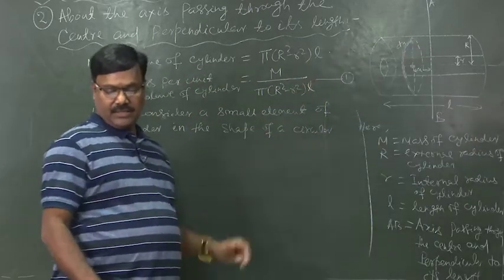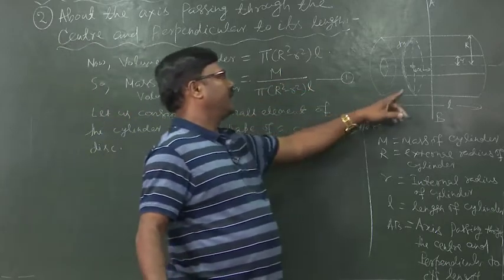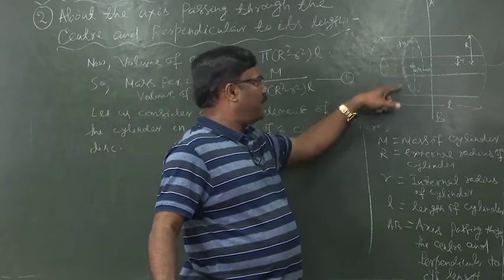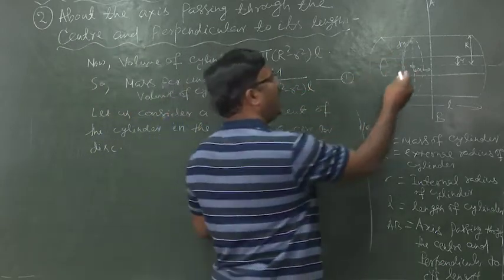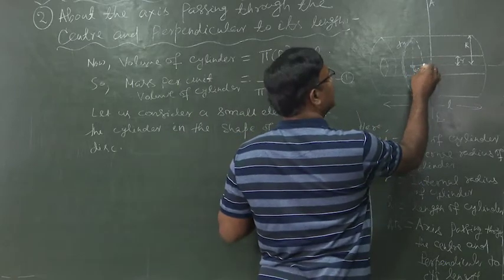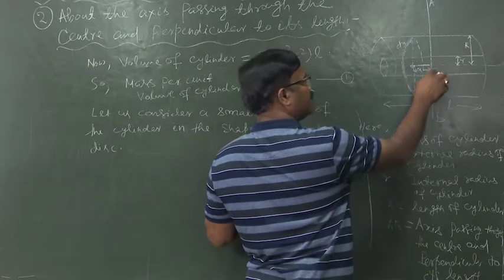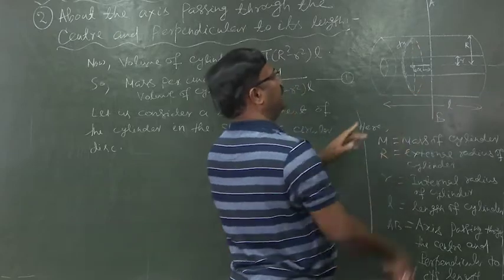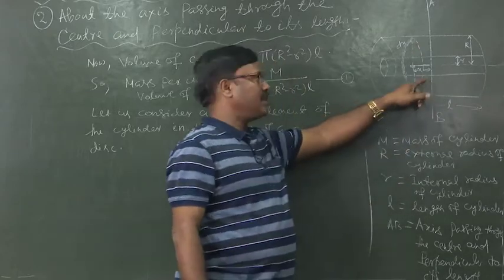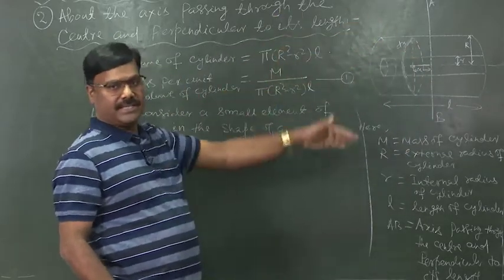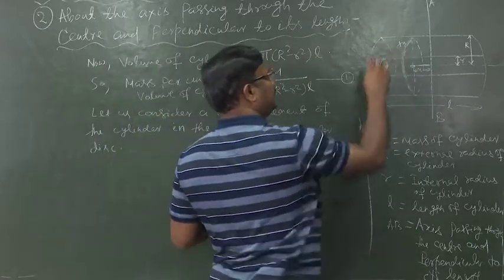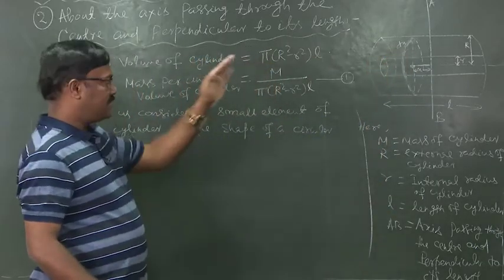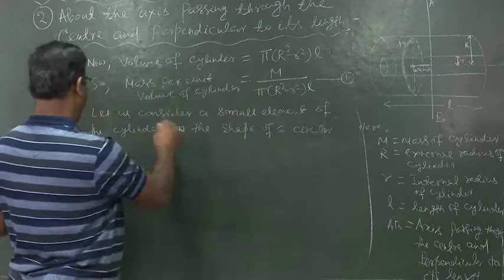Let us consider the element in the shape of a circular disc at a distance x from the axis AB, which passes through the center of the circular cylinder, and let dx be the thickness of the disc.